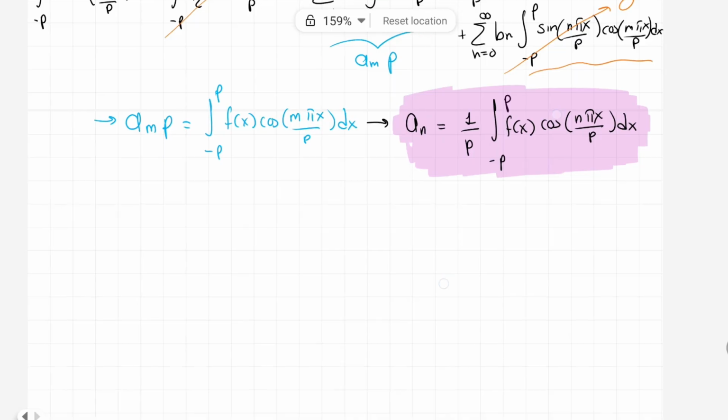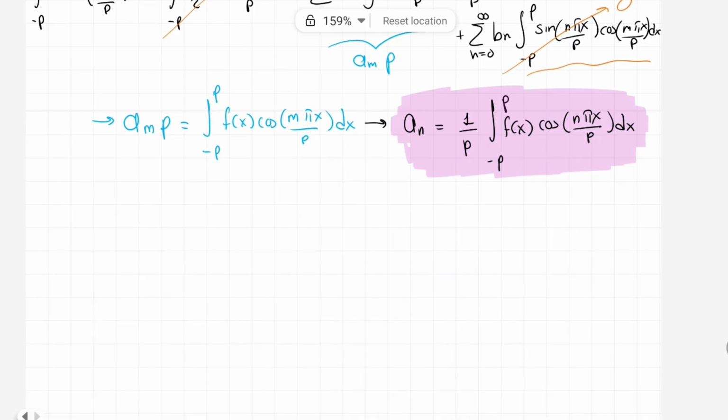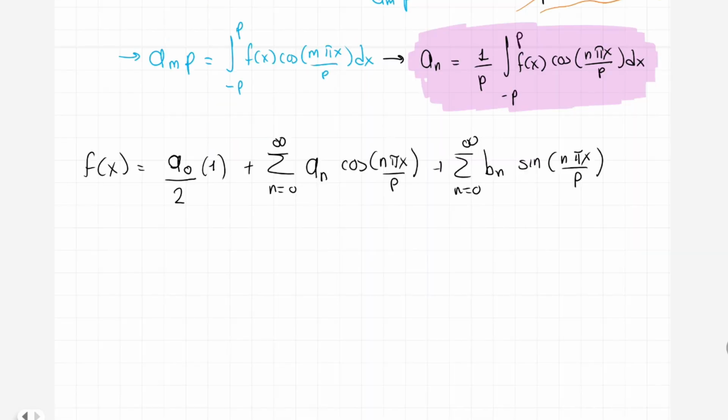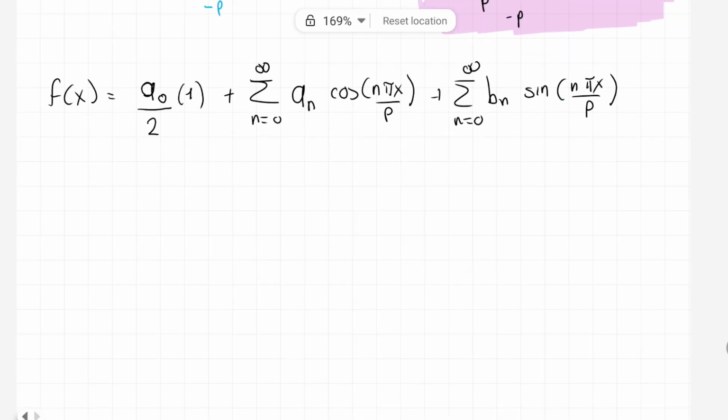Okay, let me write again the Fourier series definition just to find b sub n. Perfect. Again, we begin with the Fourier series definition, and now it's very obvious that what we are going to do is to multiply every term of this equation by the sine function.